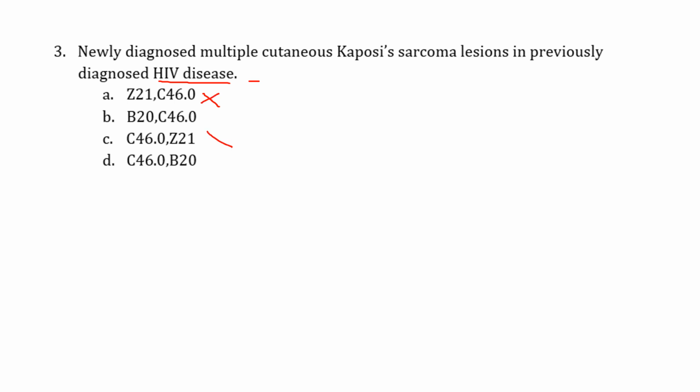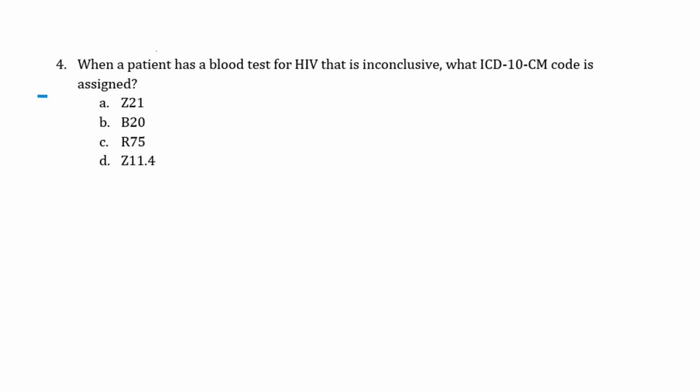So I'm going to eliminate A and C. And for a newly diagnosed condition in a previously diagnosed AIDS patient, we always code the AIDS code first, that is B20, followed by the newly diagnosed condition. So answer B is correct. When the patient has a blood test for HIV that is inconclusive, what ICD-10-CM code is assigned? Because the lab test is inconclusive, the right code is R75.